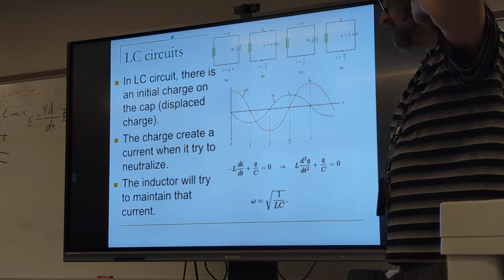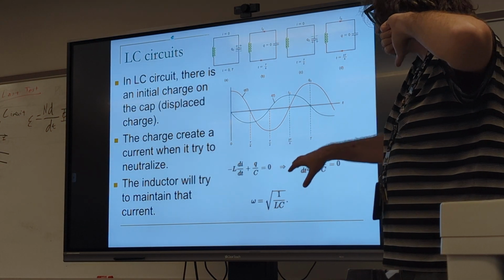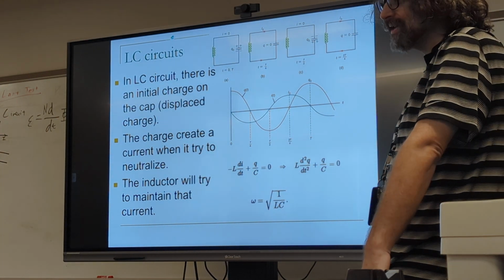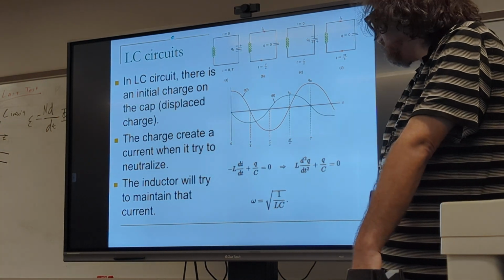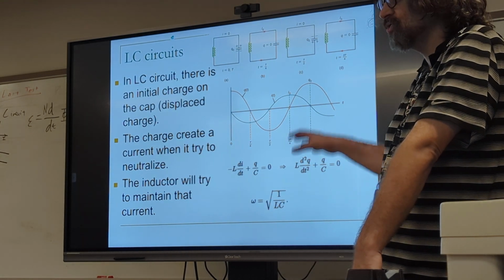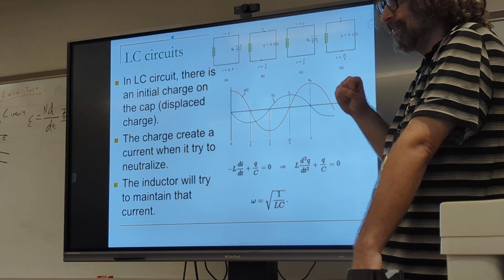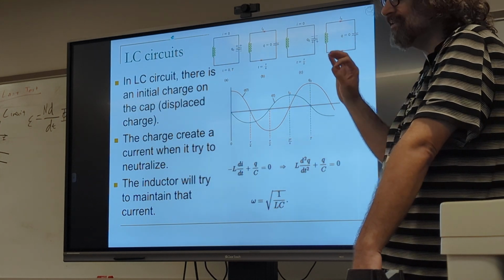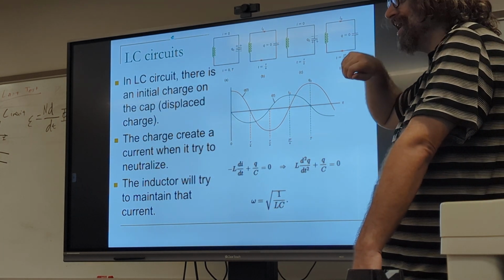If there's no resistance, it keeps cycling. Actually, the crazy thing is if you make an LC circuit and you just point it at the sky, it will randomly start creating these sinusoids, because there are so many random EM waves out in the universe right now.